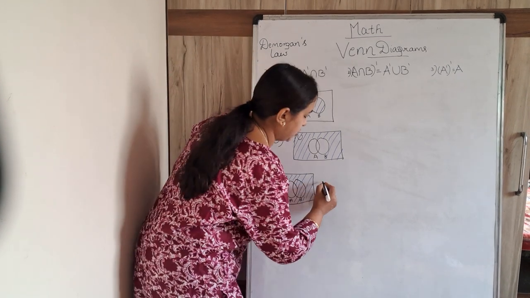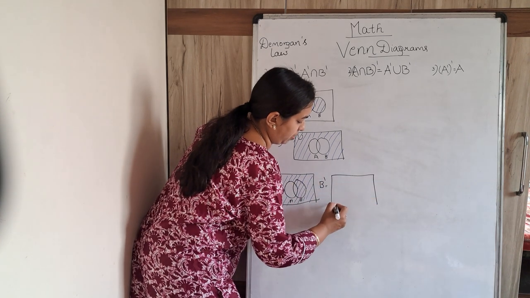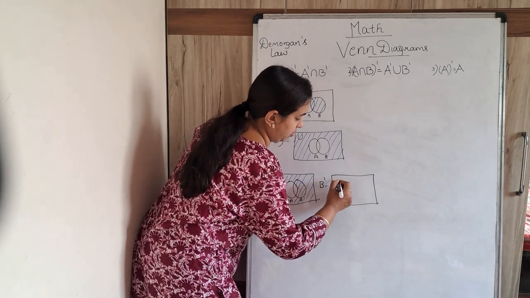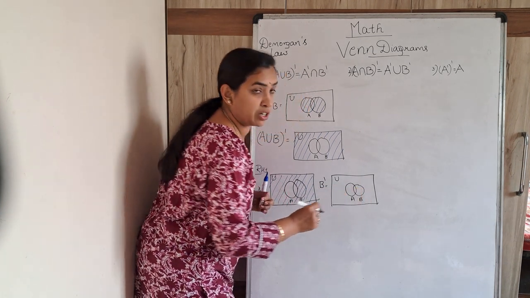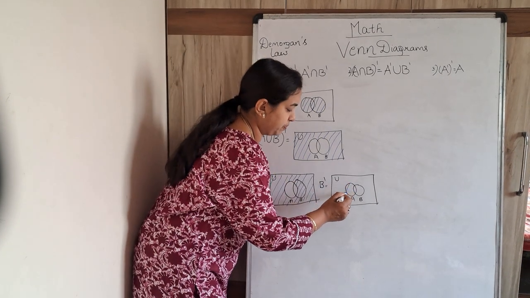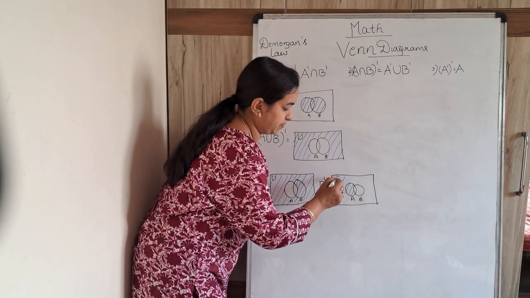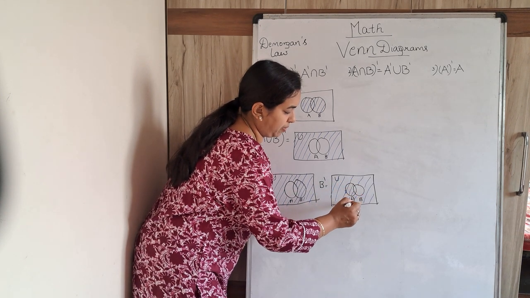Similarly for B dash, A and B, here you need to shade all the parts except the circle B. Okay.